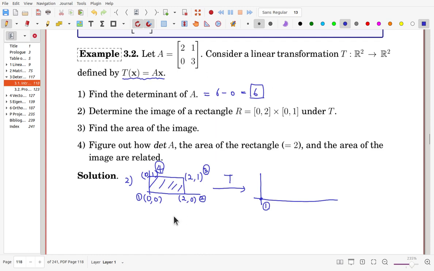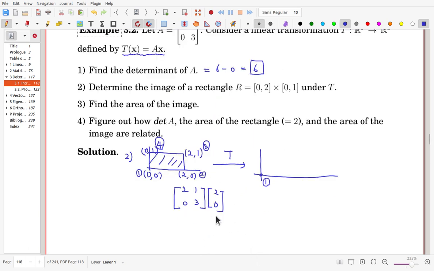Here the matrix is 2, 1, 0, 3, and here 2, 0 is multiplied. Then we can easily get that the first row multiplication is 4. The second row multiplication is now 0. So we have 4 and 0. That is the image of point 2.